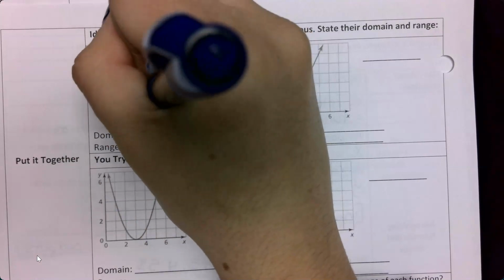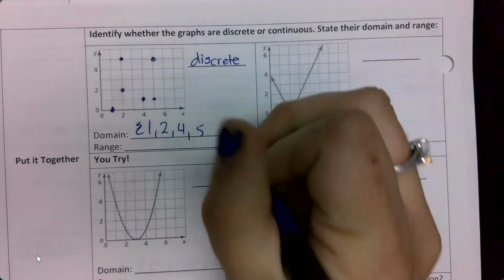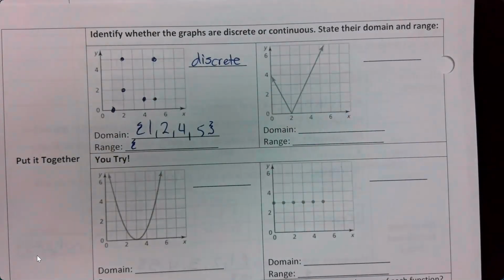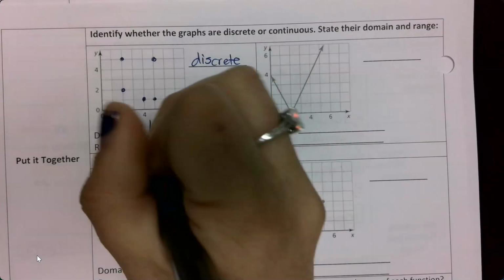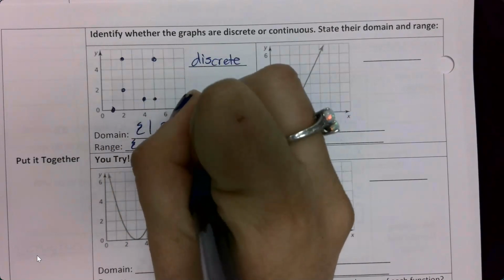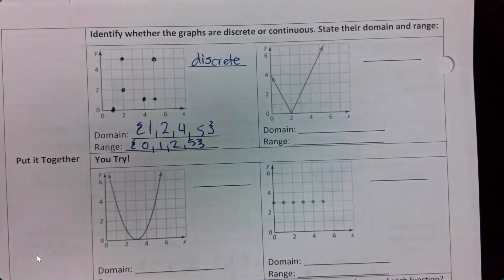So I only want the x values from points. What are my y values? 1, 2, and 5. There's also 0. There's no 3.